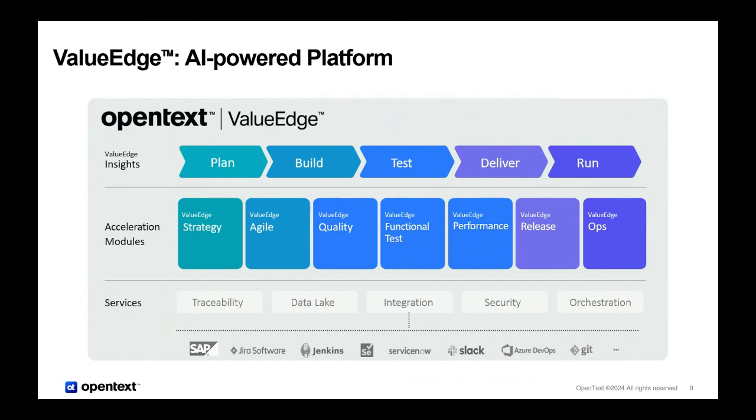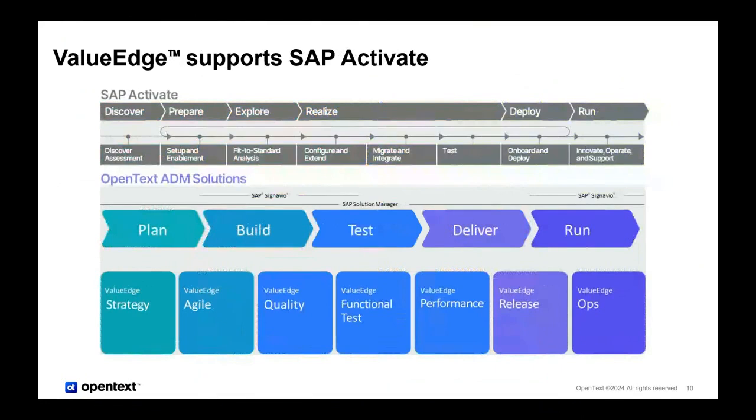All of that is then a level of services and strong integrations to support the solutions. Now the Value Edge modules, insights and different processes can be mapped directly to how we support the SAP Activate methodology and process.